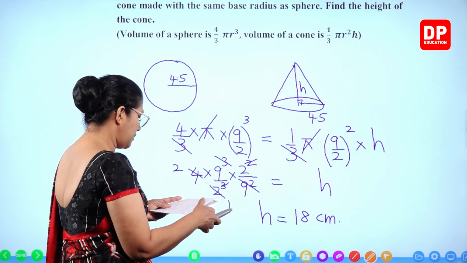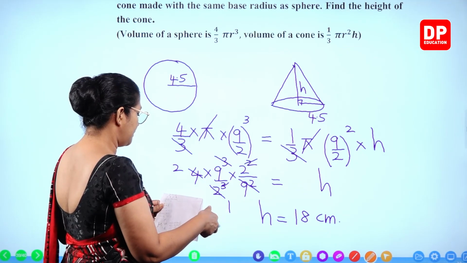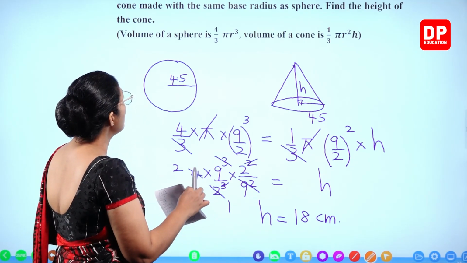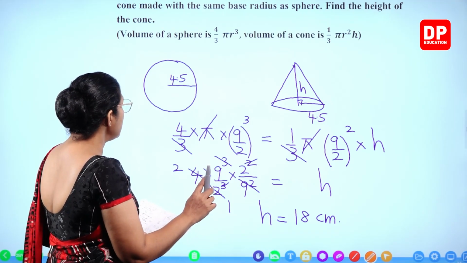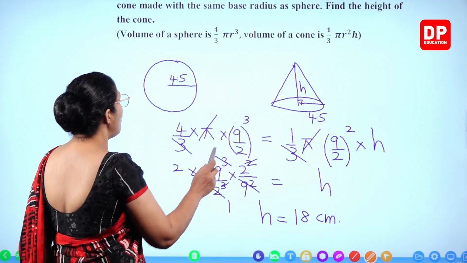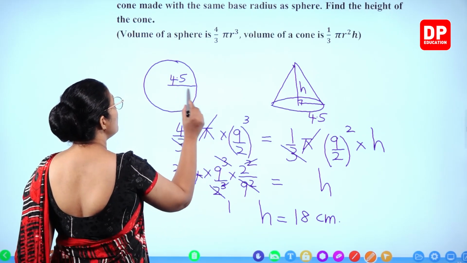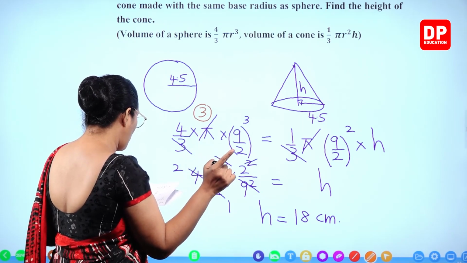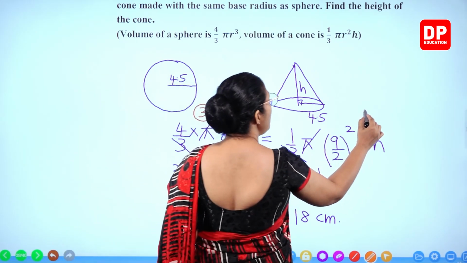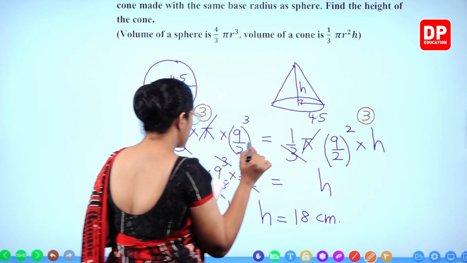So altogether, this is the whole question. So you get 10 marks for this one. Writing the correct formula for the volume of the sphere, 3 marks. And then the volume of the cone, another 3 marks.